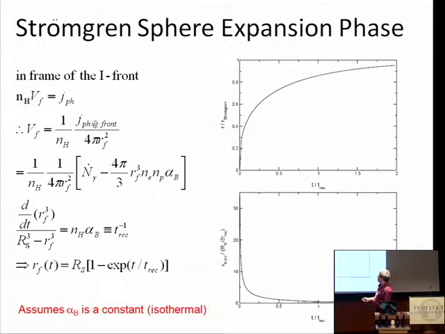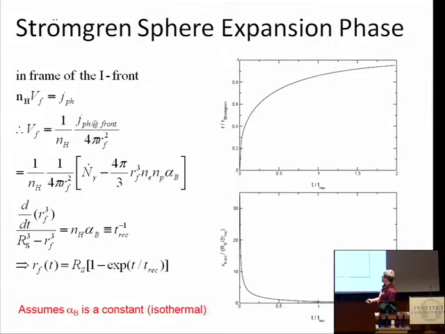And then recognizing that V sub f is just dr_f/dt, you can manipulate this and get this nice solution. The radius of the I front is just the Stromgren radius times 1 minus this exponential, where the exponential is e to the minus t over the recombination time.